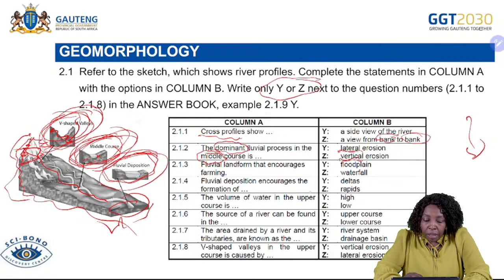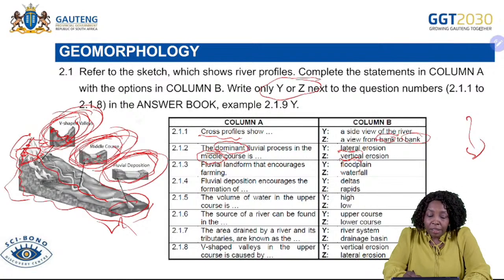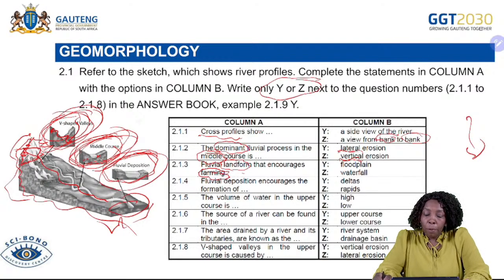Then we've got the third question, which says the fluvial landform that encourages farming. So here now we are looking at what? The landform that encourages farming. Okay, so we've got a floodplain. So you have to know what is a floodplain, and then you have to know what is a waterfall.